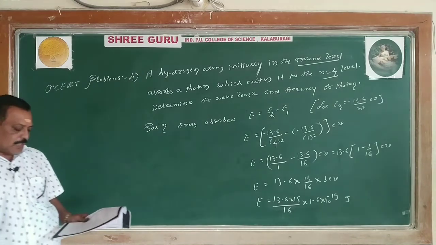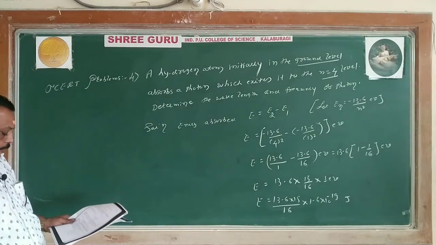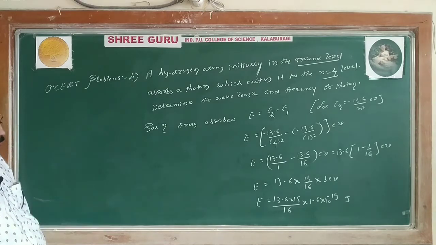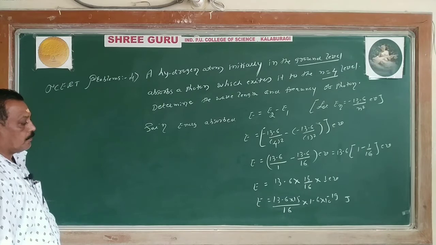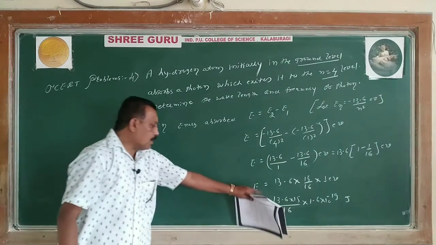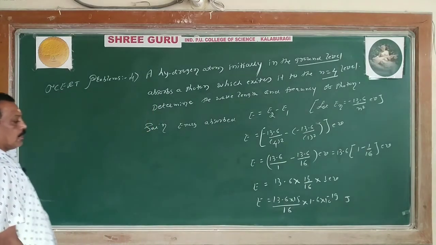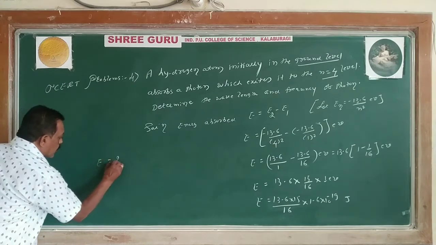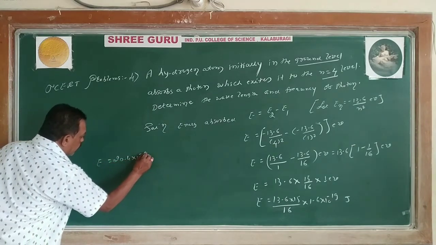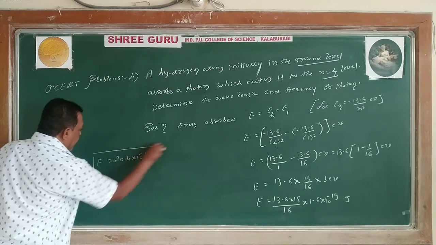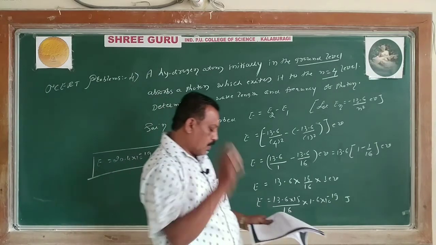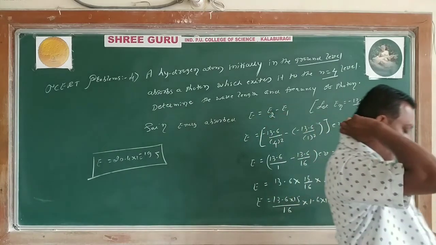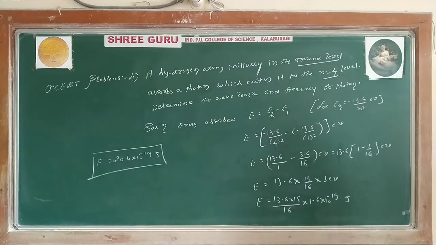If you go for the calculation, then we get 20.4 into 10 to the power of minus 19. यहाँ पे कैंसिल कर सकते हैं. E equals 20.4 into 10 to the power of minus 19 joules. We do the necessary cancellation. कैलकुलेटर यूज कर सकते हैं. सीईटी में उसका मेथड कैसा है बोल देंगे.